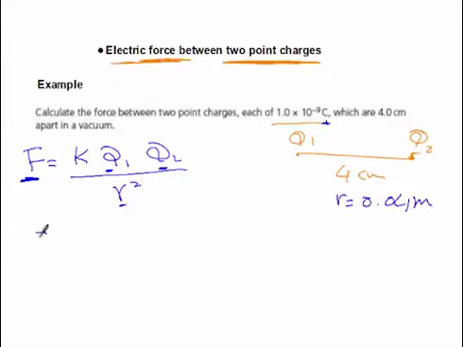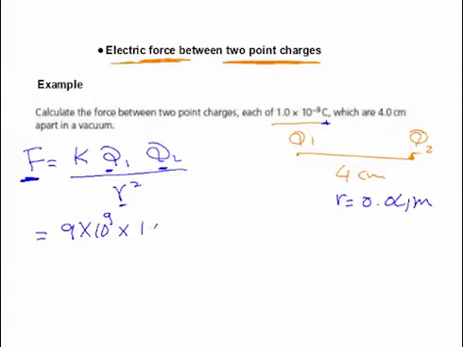So by substituting, our K is the constant 9 times 10 to the 9, remember that, and it should always be given. Each charge is 1 times 10 to the minus 9 Coulomb.